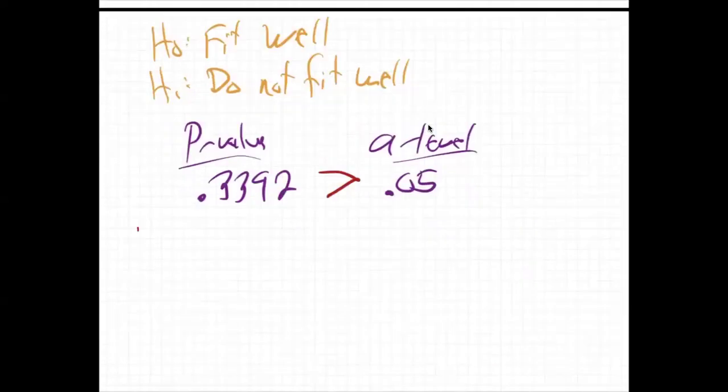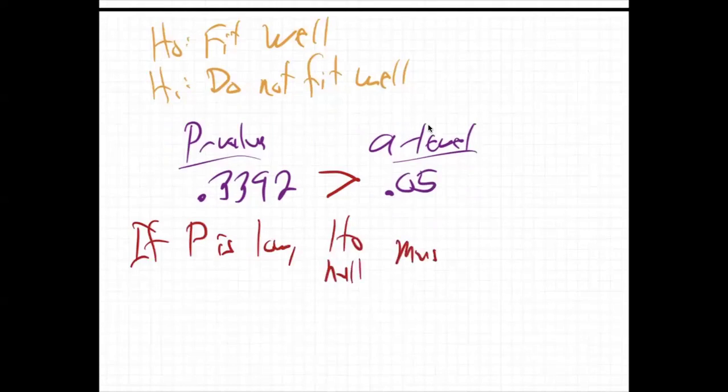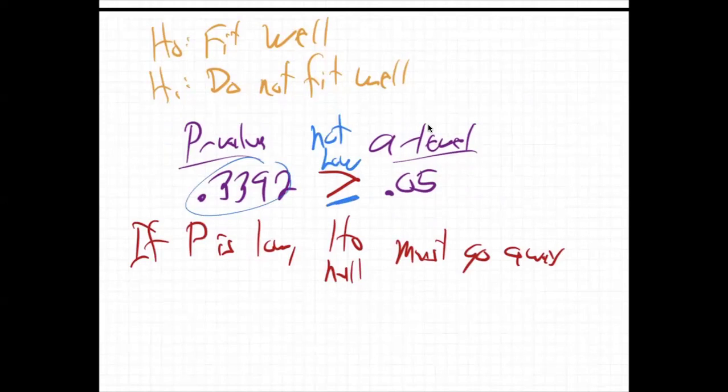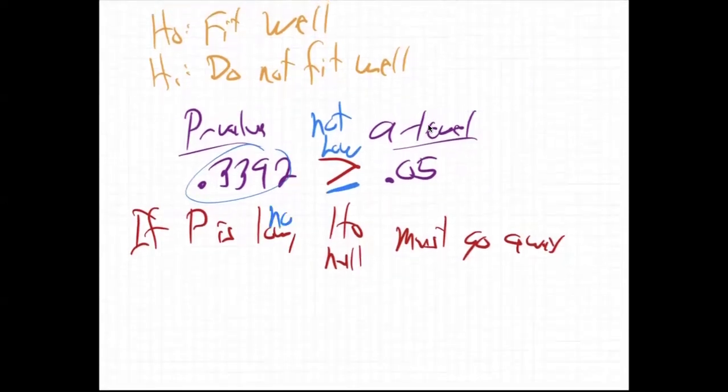All right, you know the saying, right? If the p is low, then the H0, the null, must go, meaning go away. Was our p-value low? No, our p-value was not low. Our p-value was greater. So if p-value is not low, the H0 must not go away.